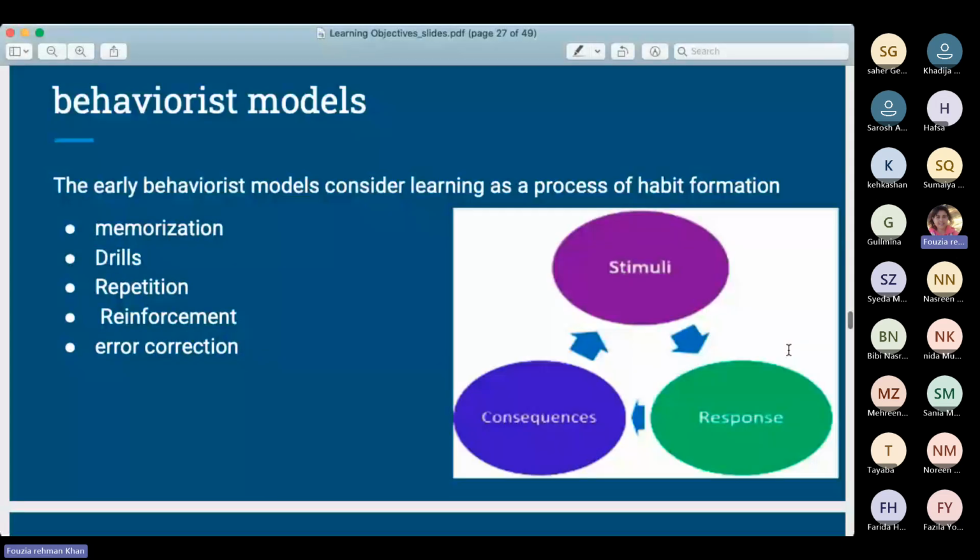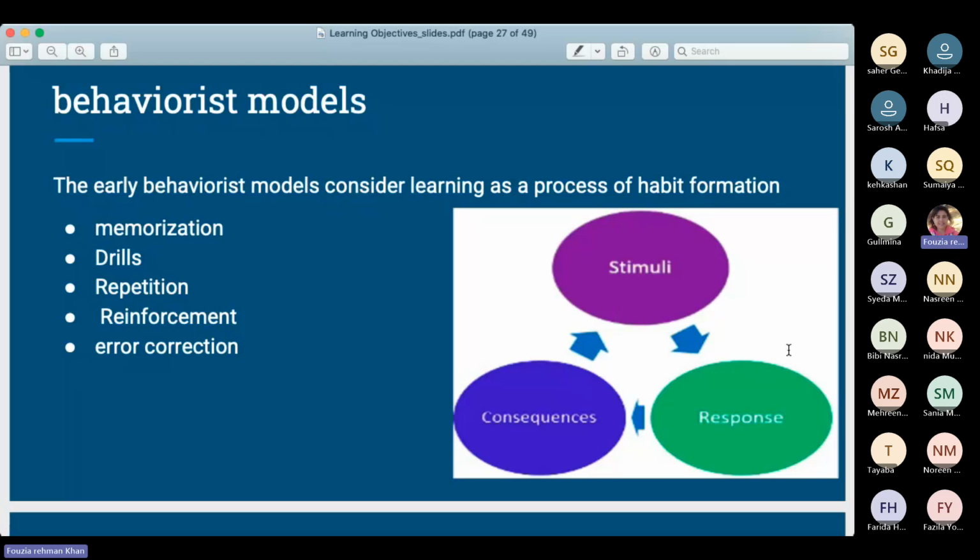Then we have the mentalist model of Chomsky as well, which tells you that stimulus response is for the animals, but there is something called the mind when it comes to humans. Every stimulus crosses the mind of the human before it reacts or responds.